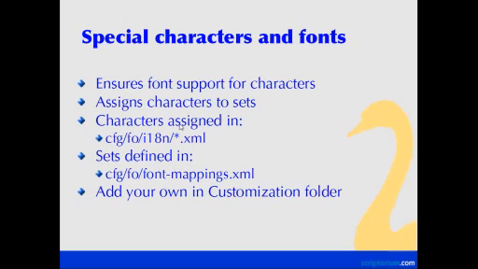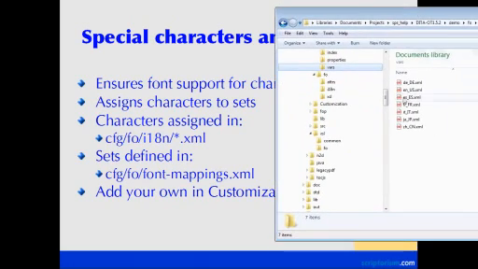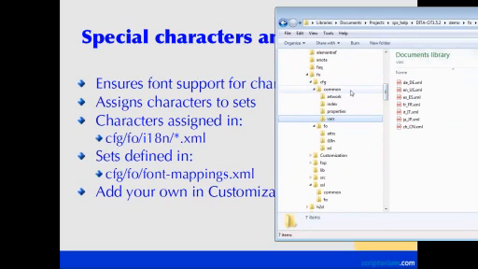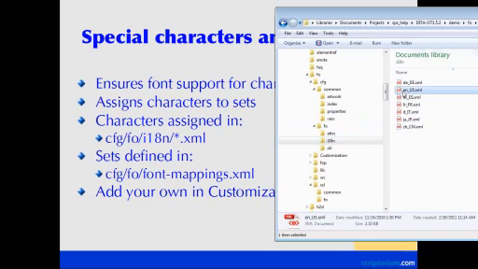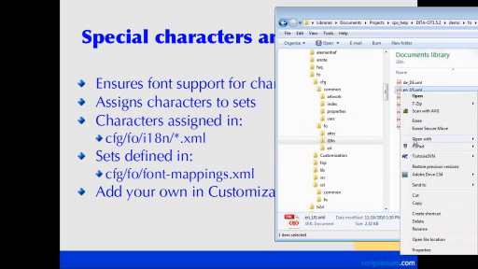First, we assign a series of characters to sets. And so if we look in config FO I18N, we can see here, again, we have a bunch of files that are named in the same way as they were in the vars folder. These contain slightly different things. So let's open one of these.